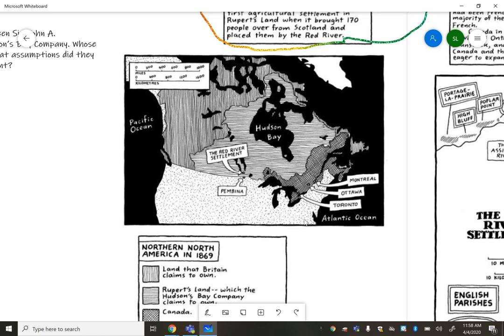So we see here, the Red River settlement is right here. If you look at the map of Canada, that shows that it is about in Manitoba, because in modern day we'd have BC over here, and then Alberta here, Saskatchewan, and then Manitoba.